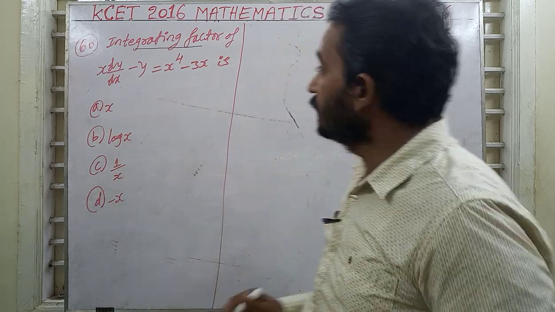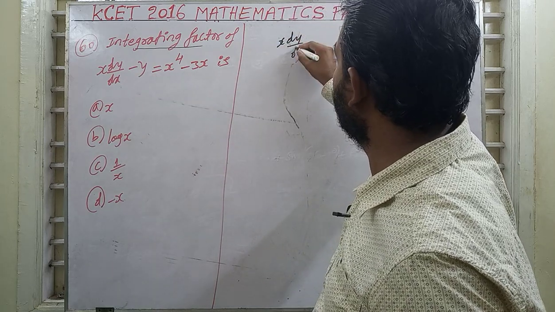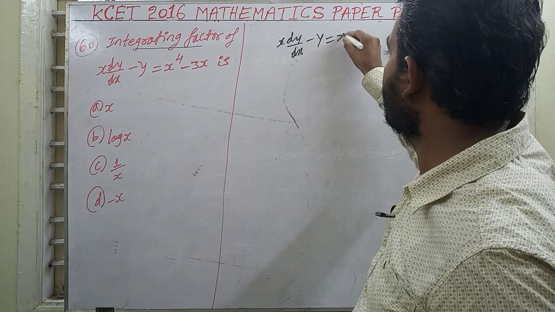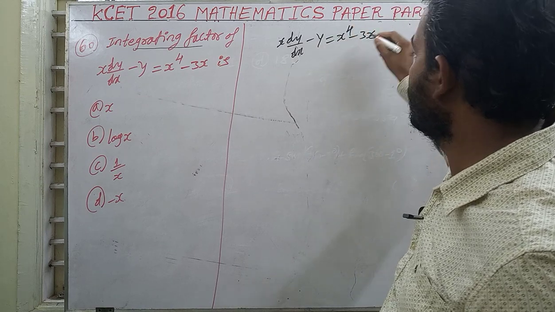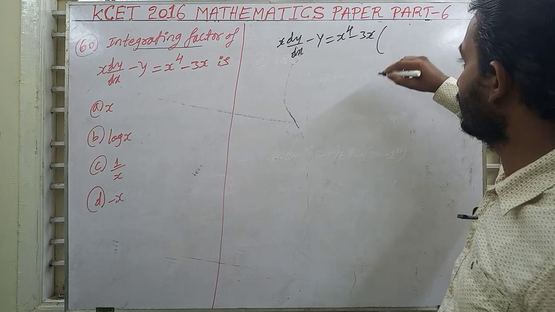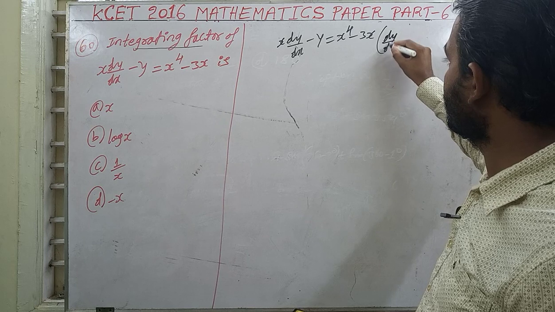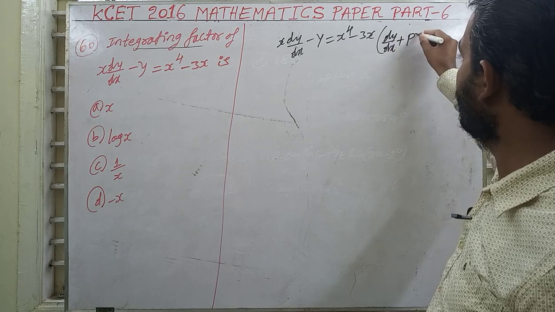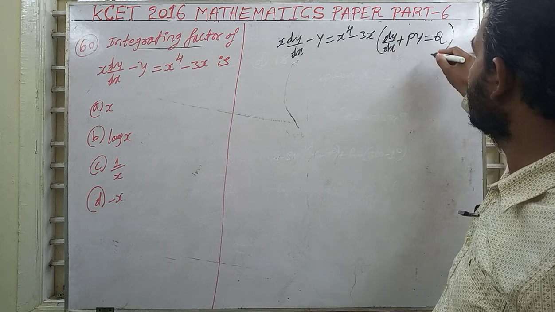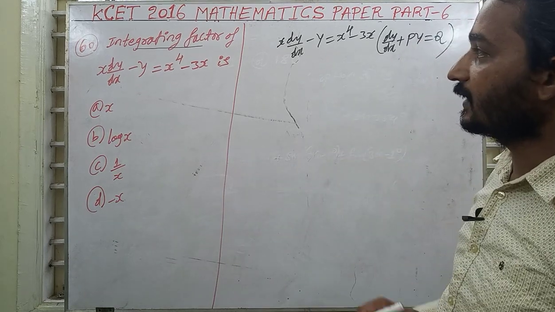Okay, so now take the given condition: x dy by dx minus y is equal to x to the power of 4 minus 3x. Now convert it into the general form of the differential equation, dy by dx plus py is equal to q. Using this form we have to find out the integrating factor.